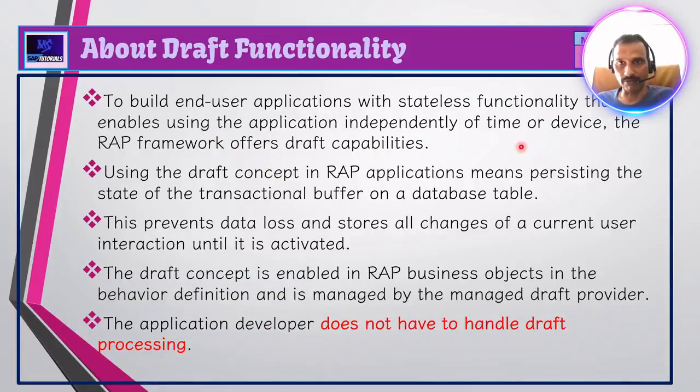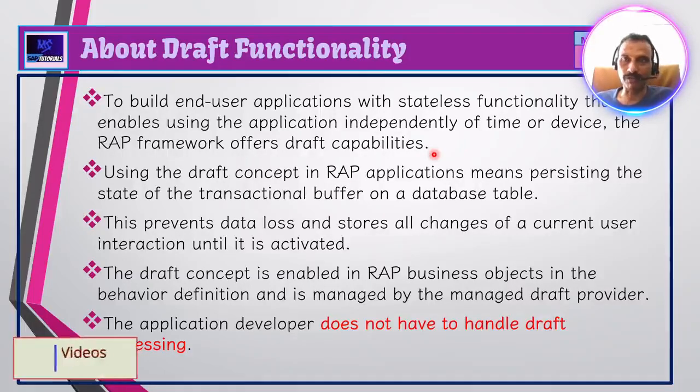But just as a recap, the draft functionality will allow us to build an application with stateless functionality. That means it enables the application independently of time or device. You can start creating a record, move out of it, and you are doing it on your desktop. Then while going home you can open the same application on your mobile phone and continue working. Those kinds of good things come with RAP.